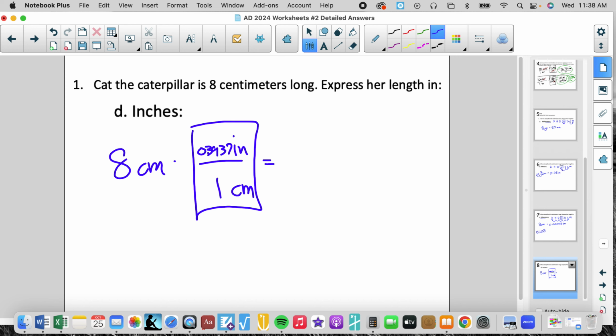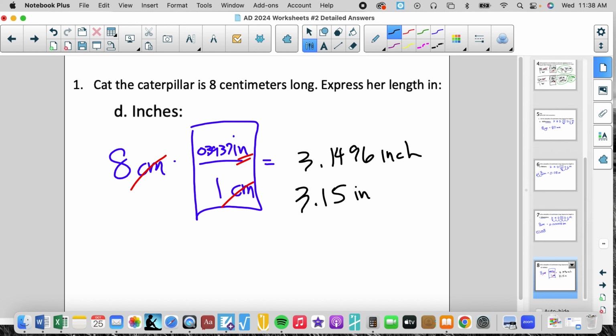If I multiply, centimeters cancel, leaving me with inches, and I get 3.1496 inches.